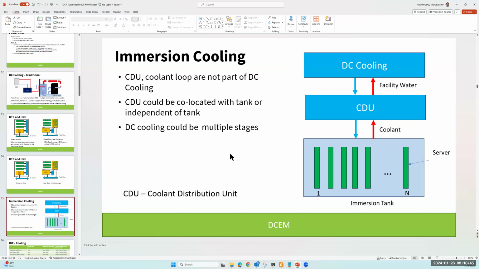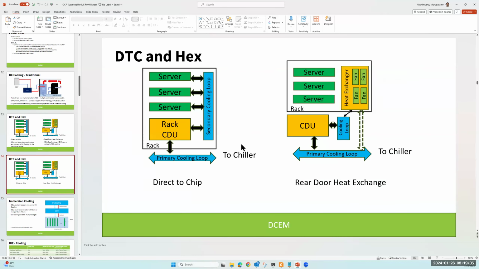So we need to take both into account. If they are running high power, say 32 GPUs, then you'll definitely have a dedicated CDU per rack. If it is only 4 of them, for example, the CDU can supply multiple racks also. So we need to figure that out.